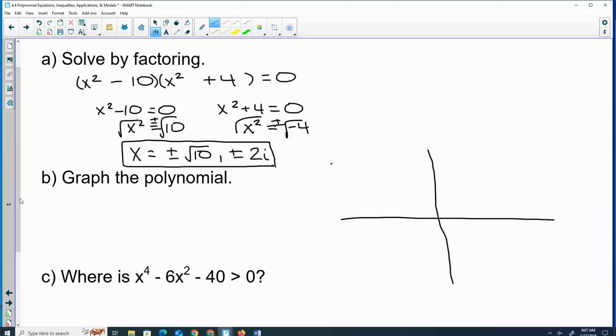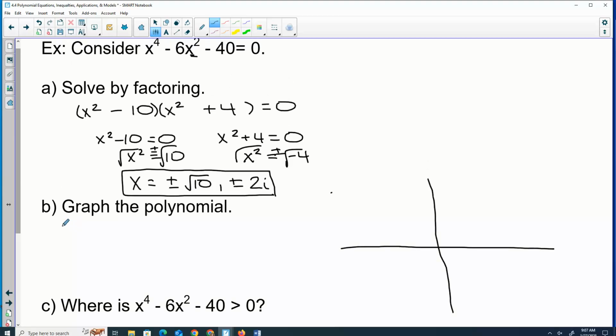So if I wanted to graph it, we would need to know our degree. What's the degree here? 4. So what's my end behavior? My zeros were these that we just found. Would I go through or bounce?